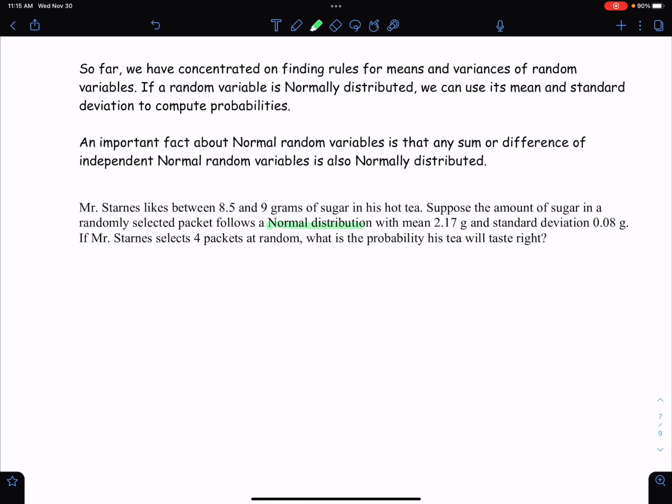If Mr. Sarnes selects 4 packets at random, okay, so our random variable P would be the amount of sugar in a packet, so number of grams of sugar in one packet, because that's the information they're giving us.